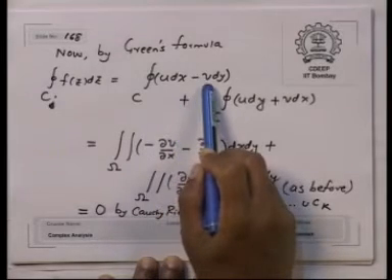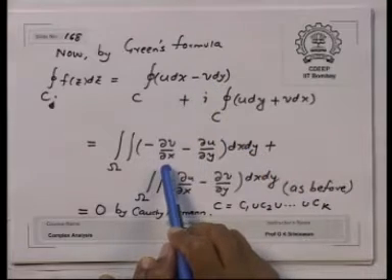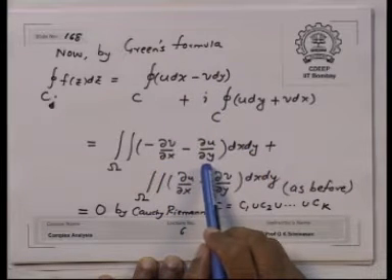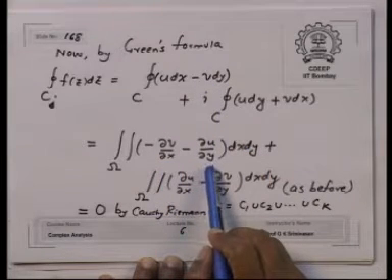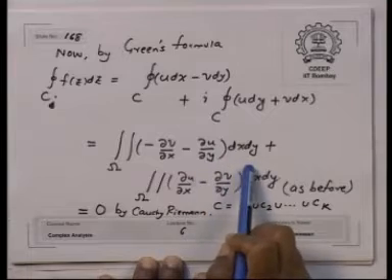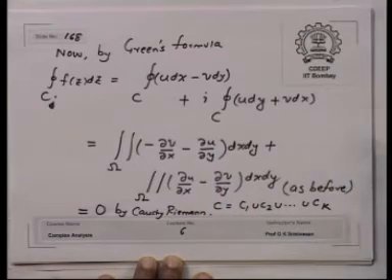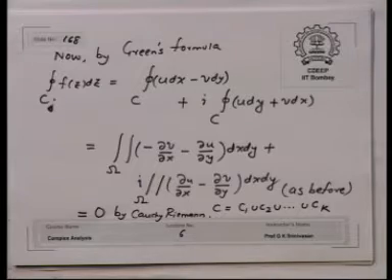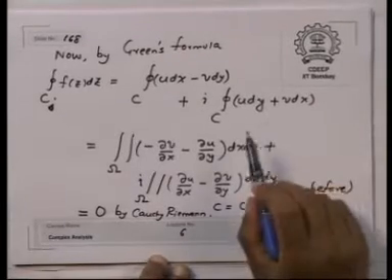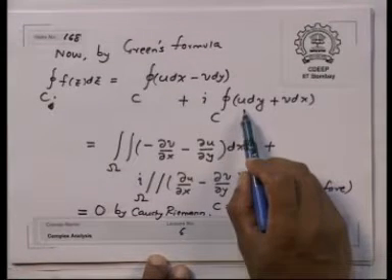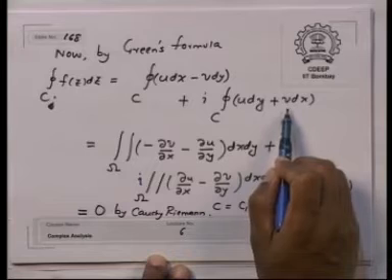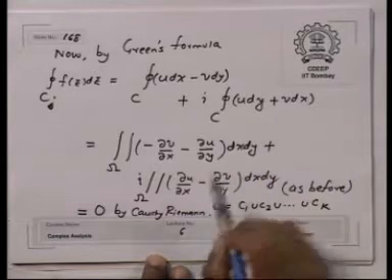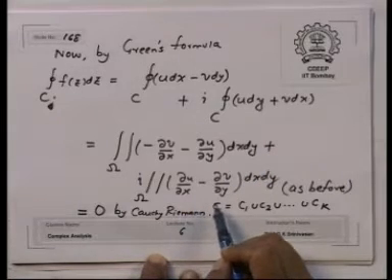So what is your Q? Q is v. So del Q by del x minus del P by del y dx dy plus i times the double integral, yeah, del Q by del x minus del P by del y, correct.